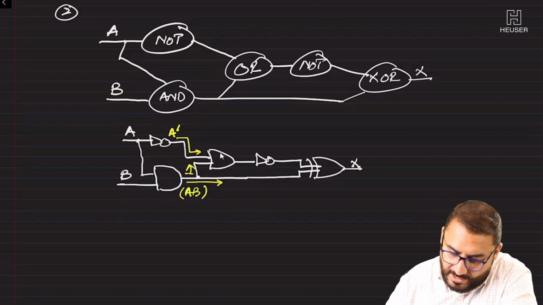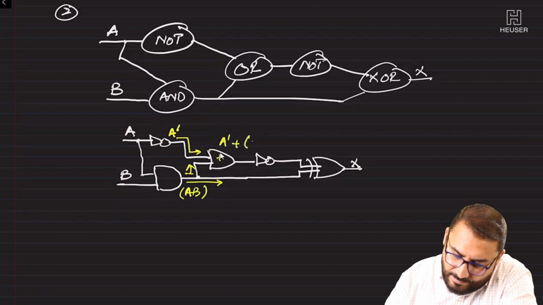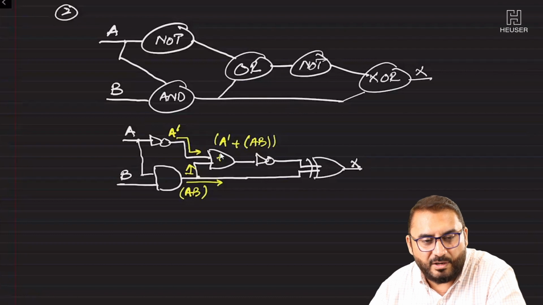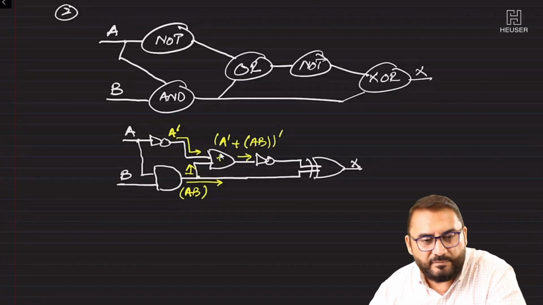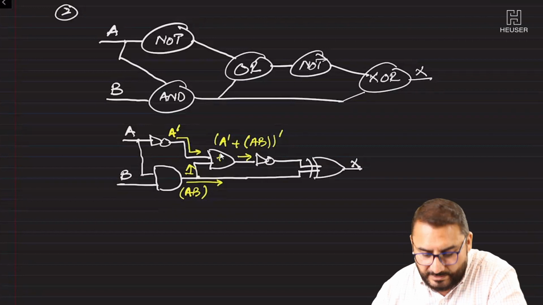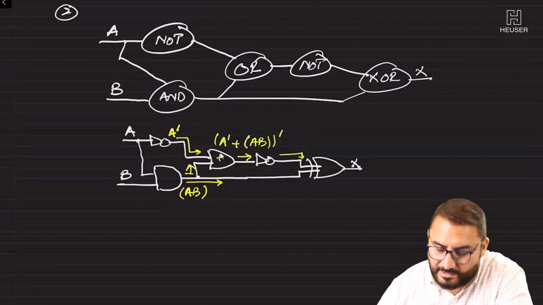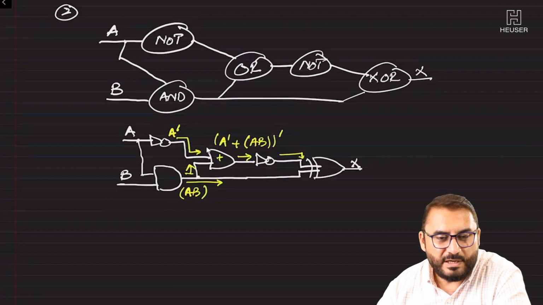So over here it will be A naught, this is OR gate, plus AB, then we have to put another bracket of OR gate. When this passes through NOT gate, the whole result will be inverted, and then this would go further into exclusive OR gate. So this is A naught plus AB whole naught.